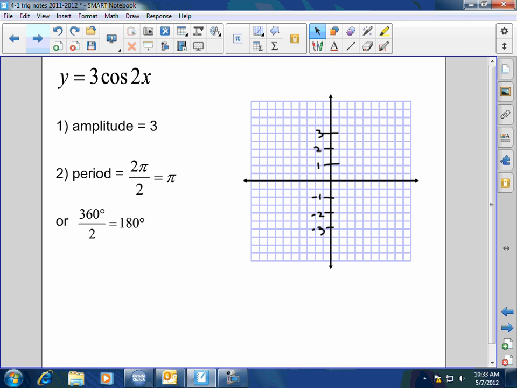This time, I might have a b that's 2. So my period is 2 pi divided by 2, which equals pi, or 360 divided by 2, which is 180. That's my period. Now that period, I got to cut up into 4 to get my intervals. So my intervals here are going to be 45 degrees.